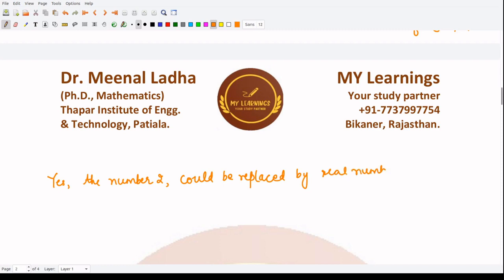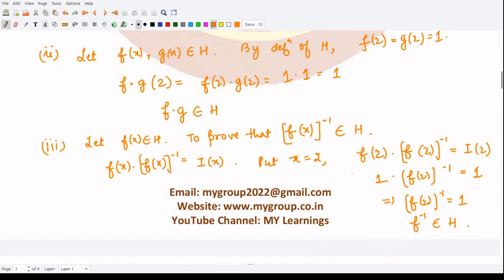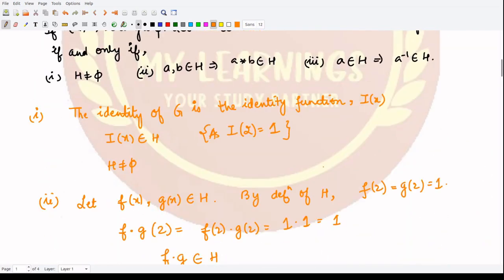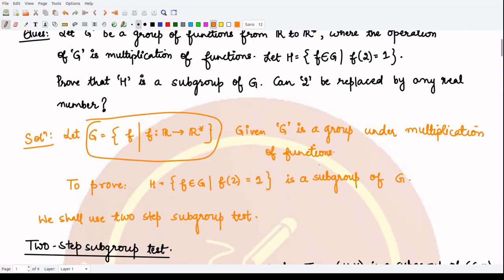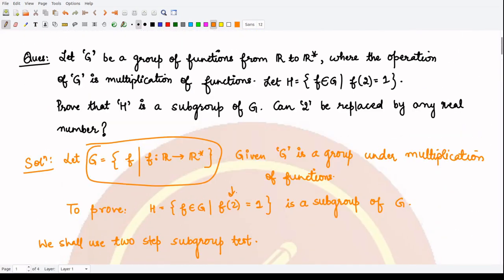Because there is no role of 2 as such. There is no implication or outcome if we change this 2, and all the steps are going to remain the same. It does not matter whether we take 2 here or 3 here. Whatever condition we apply on H, the same goes in the further steps. So the number 2 does not matter in this particular case.